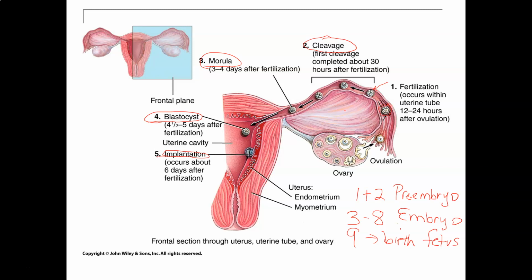But after a week, a lot of that's gone. So these secretions here in the lumen of the uterus are very important for nourishing the blastocyst until something called the placenta forms, which will take over providing nutrients. We'll also look at that briefly. But for now, it's very important that the uterus is in the secretory phase.